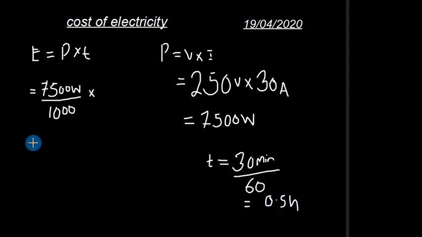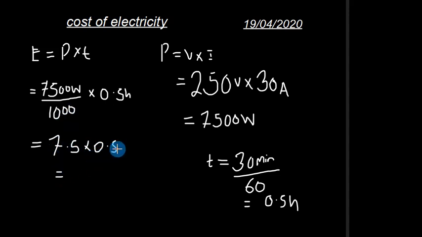So we come back to our equation. So energy is equal to power, which here we have 7.5, multiplied by 0.5 hours. So you can see that this is in kilowatts now and this is in hours.